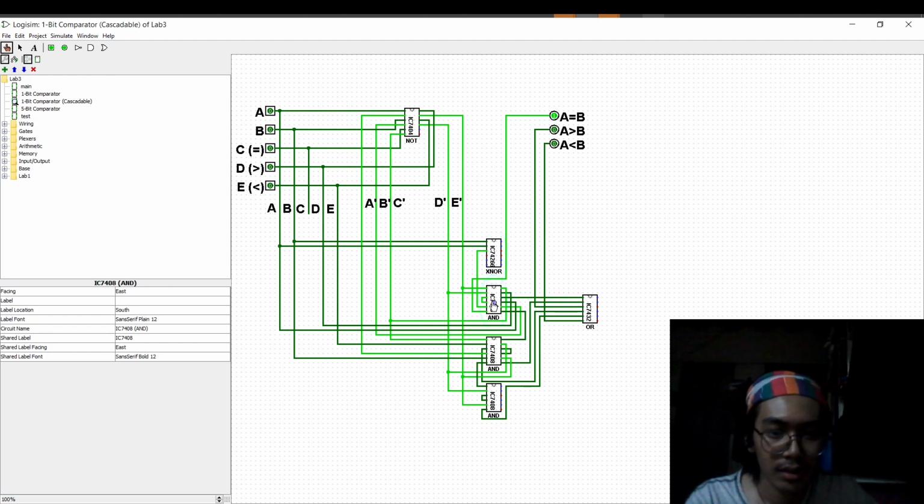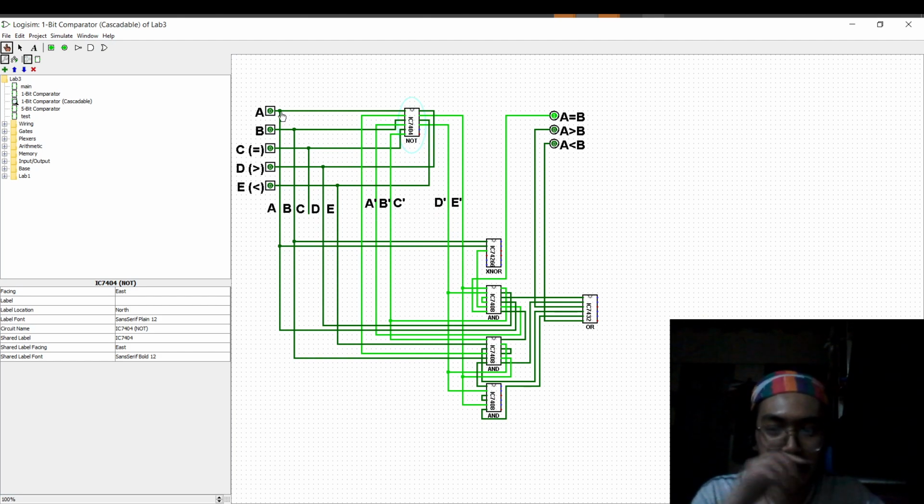I use three AND ICs, one OR IC, one XNOR, and one NOT. So I made a label since I have more time, so that I won't confuse myself.